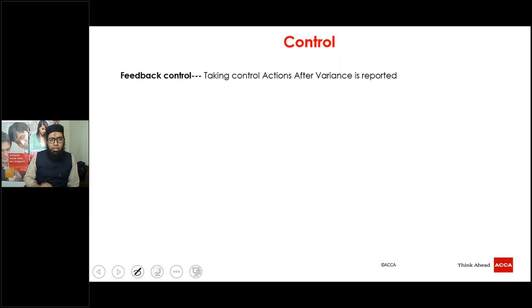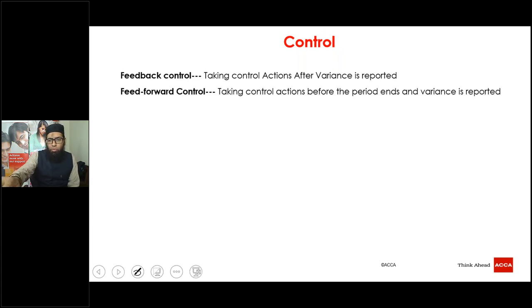Now, let's discuss the aspect of control. There are two kinds of control. First is feedback control, and the other one is feed-forward control. Feedback controls are the control actions which are taken after the variance is reported.